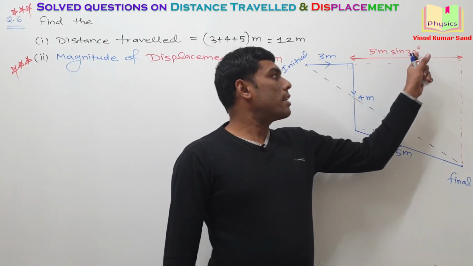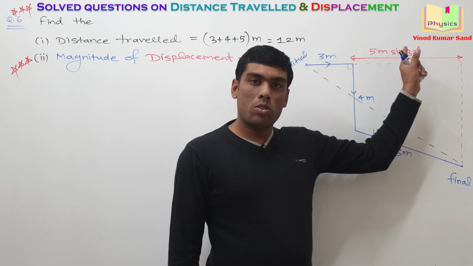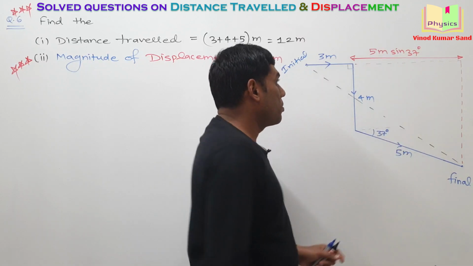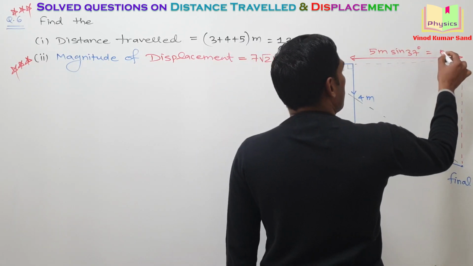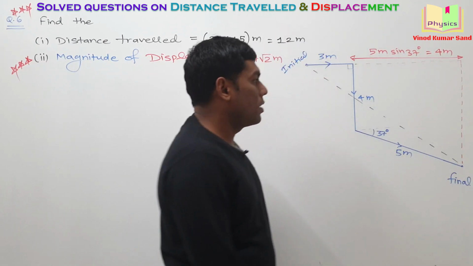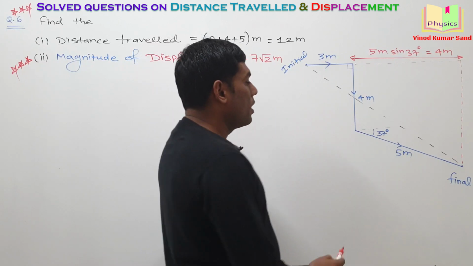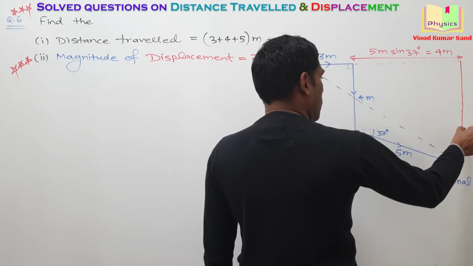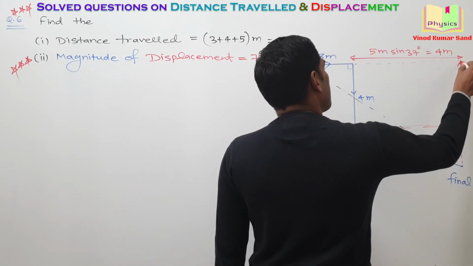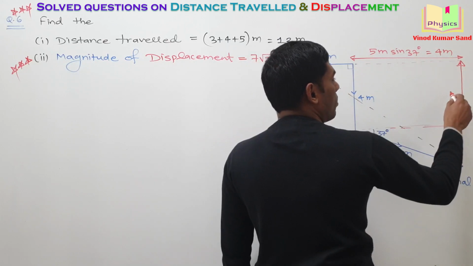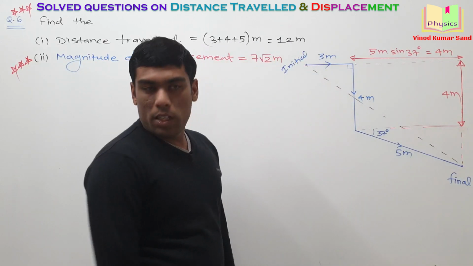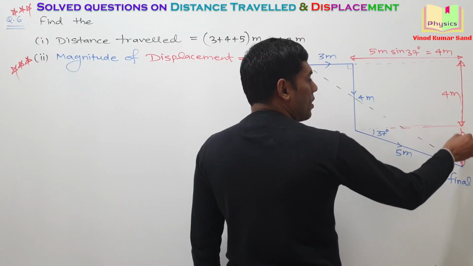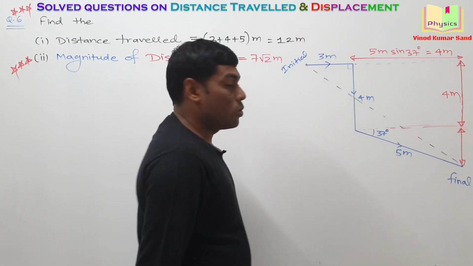Sine 37 degree is how much? Almost. How much is sine 37 degree? 4 by 5. So on simplifying this, it will be 4 meter. Getting it? This distance from here to here is already known. This distance is 4 meter, then this one is also 4 meter. Now you require this remaining length. This remaining length is actually 3 meter.